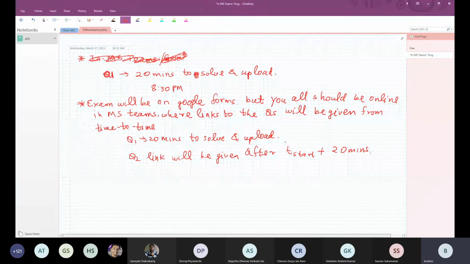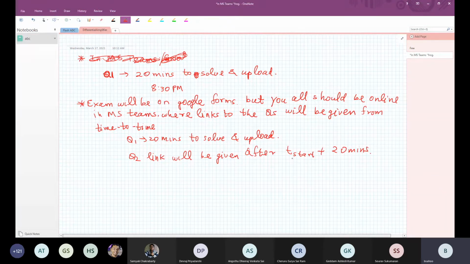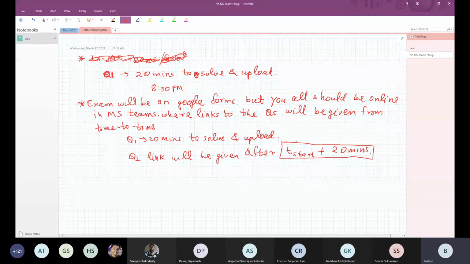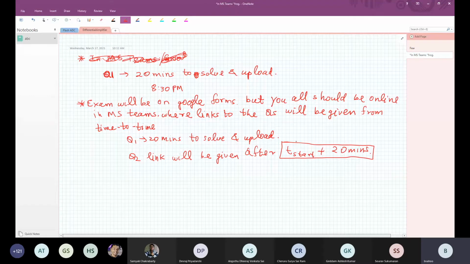And I will spend a significant amount of time going through each answer script. If I find serious doubts in somebody's analysis, somebody has skipped huge steps which do not make sense, I'll take a viva for them and they have to explain to me on what rationale they have skipped steps.